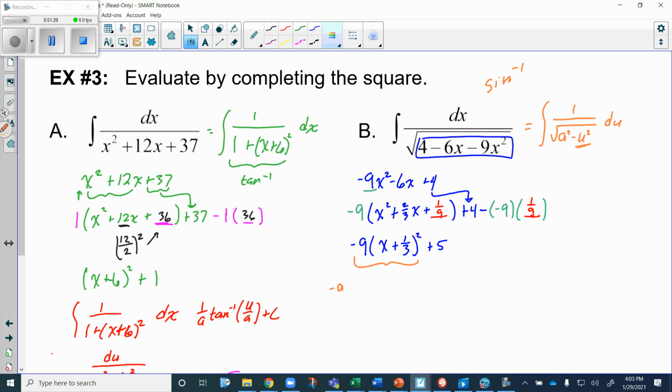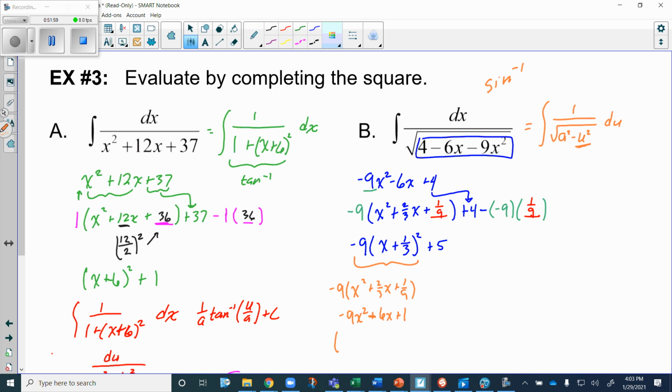I want negative 9 times, and we'll just expand that back out a little bit: x squared plus 2/3 x plus 1/9. And if I distribute the 9 in, I'm going to get negative 9 x squared plus 6x plus 1, and that is factorable as a difference.